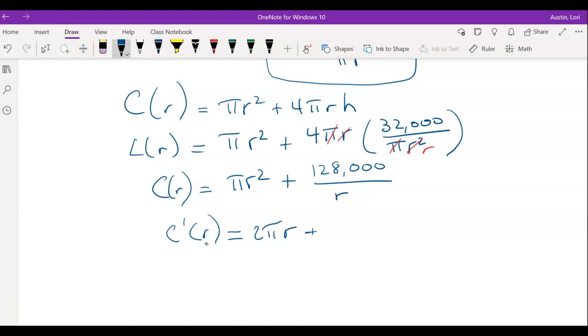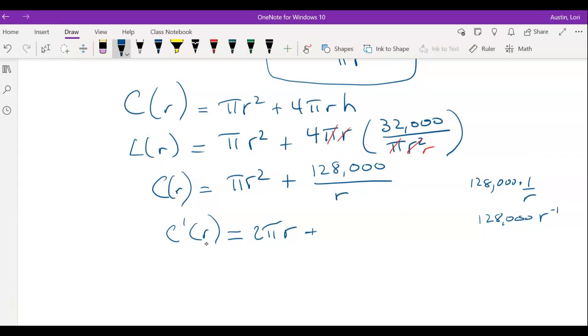Okay, so we're taking the derivative. If you want, I'm going to do it off to the side. The 128,000 stays 128,000. So we're really taking the derivative of 128,000 times 1 over r. We know that 1 over r is r to what power?